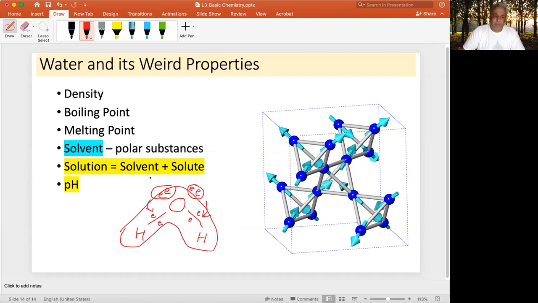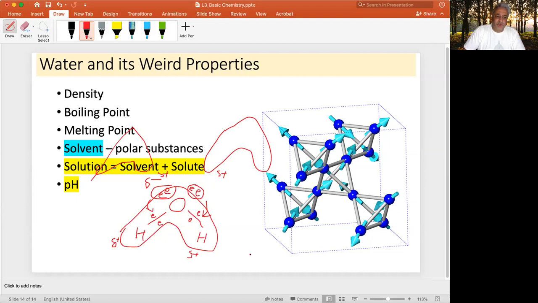This side of the molecule up here is slightly negatively charged. This side of the molecule down here is slightly positively charged. And that allows this molecule to form hydrogen bonds with another boomerang that's passing by with a slightly positive charge. And another boomerang over here interacts with these electrons with a slightly positive charge.